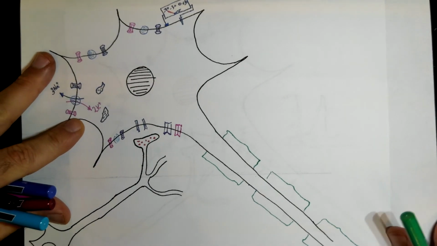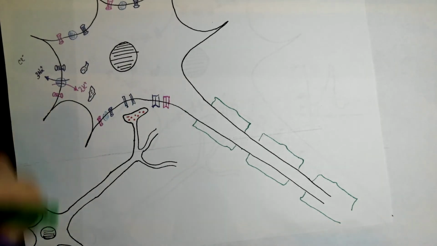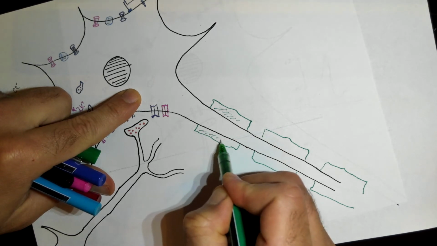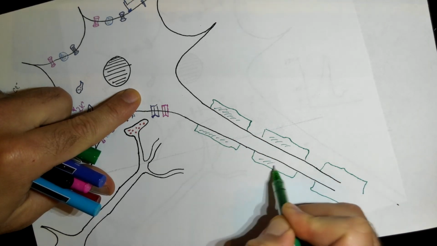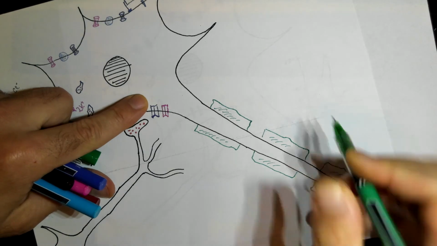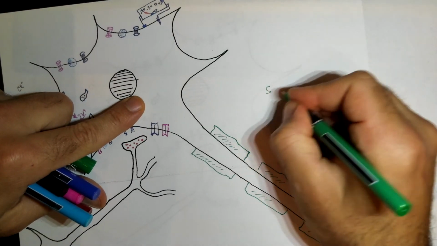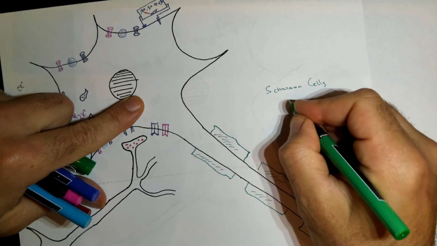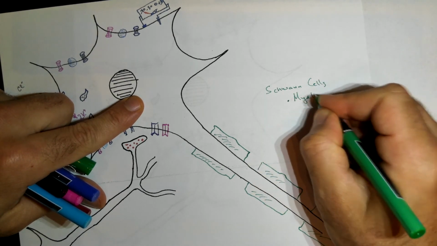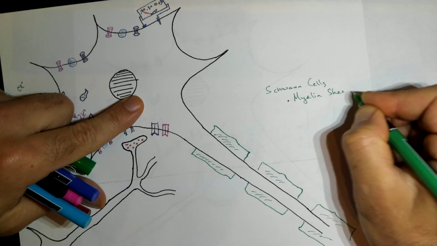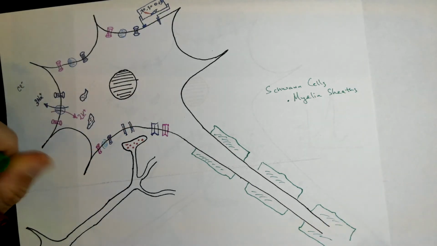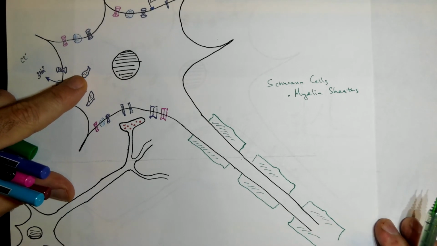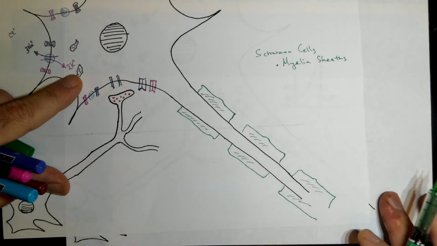So here I have drawn these cells that are insulating the axon. And these are known as Schwann cells. And they create these myelin sheaths, which insulate the axon, but also do something very important for the speed of the action potential.